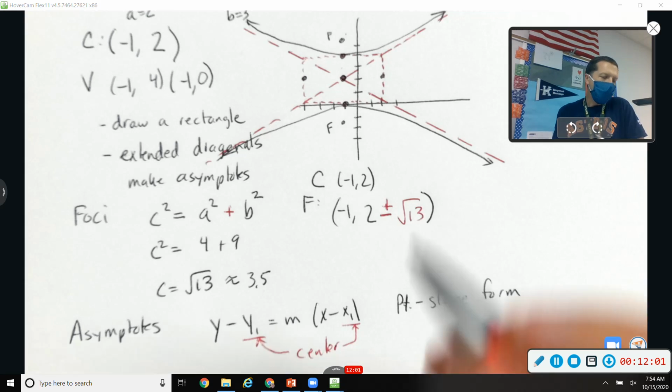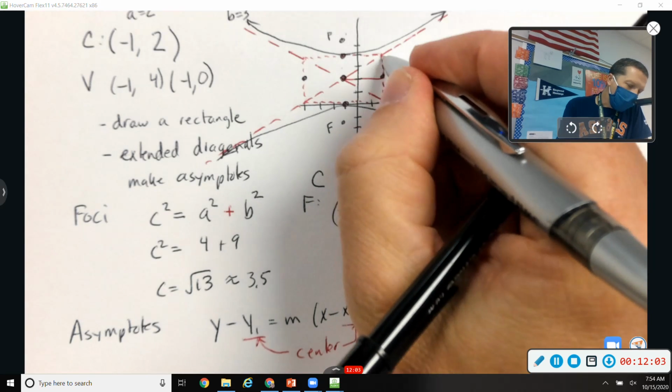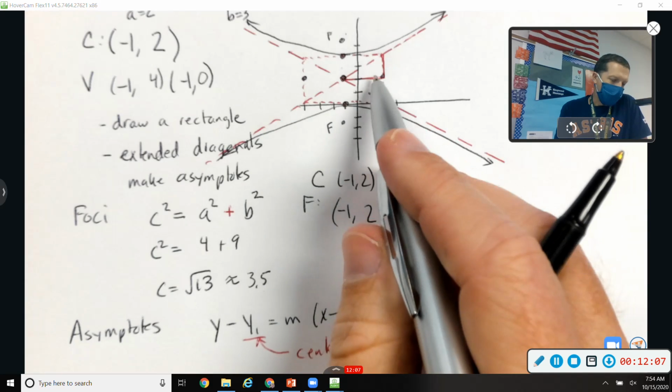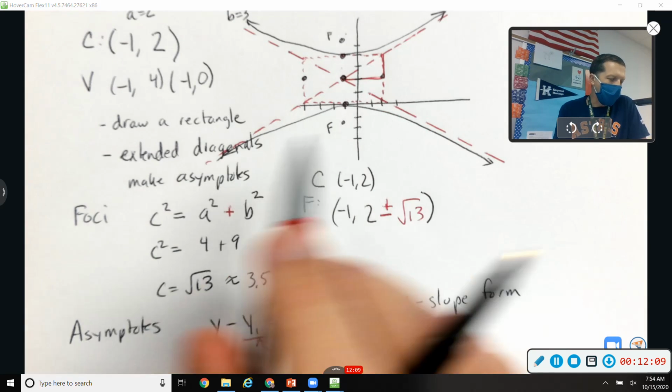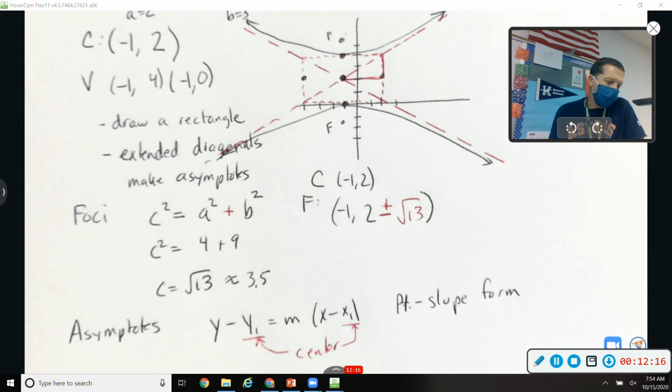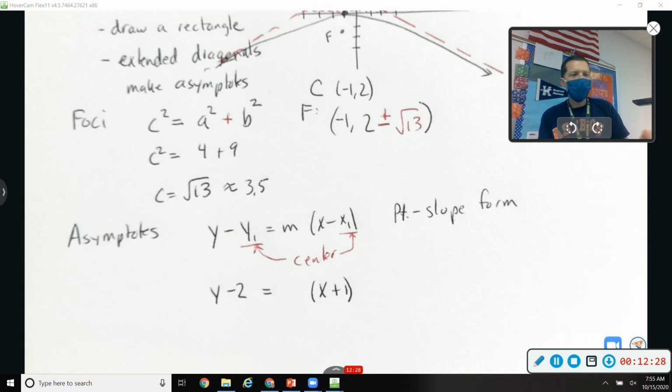And the slope, rise over run, we can find from the picture: it's a over b or b over a. Don't memorize that, just look at the picture and figure out which one it is. And one of them is positive, one of them is negative, so you can get both lines with one statement. So y minus 2, hold off on the slope, and x plus 1, because that was the center.